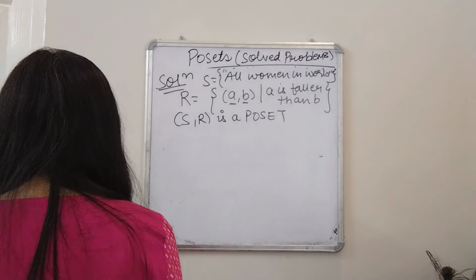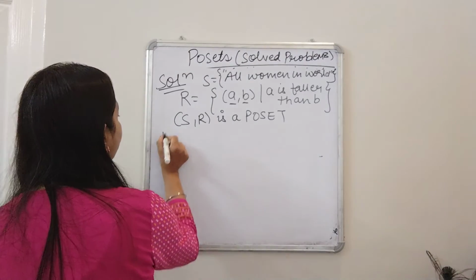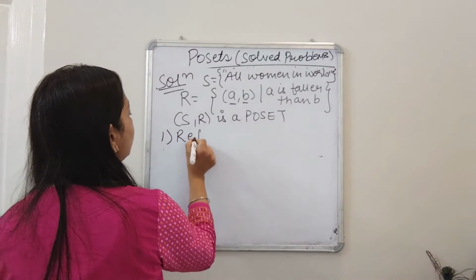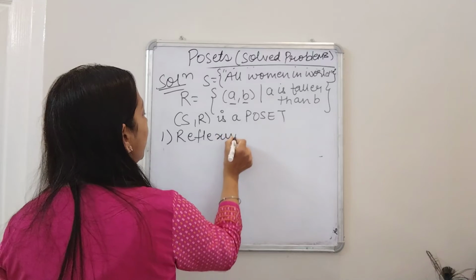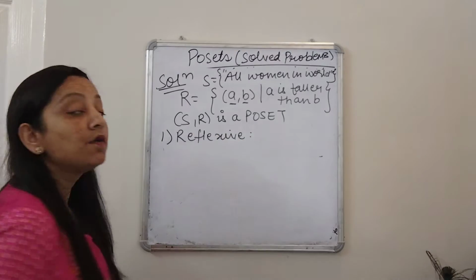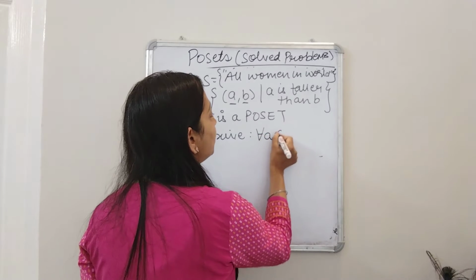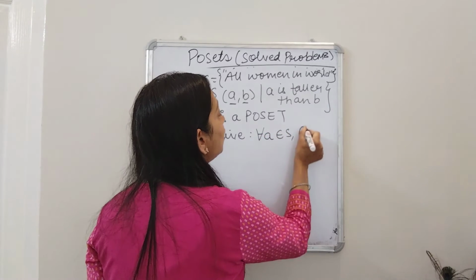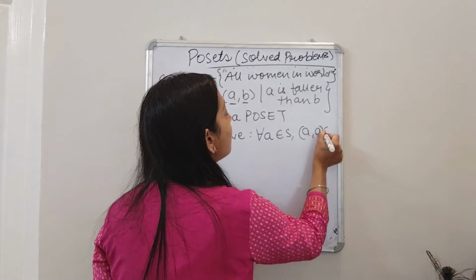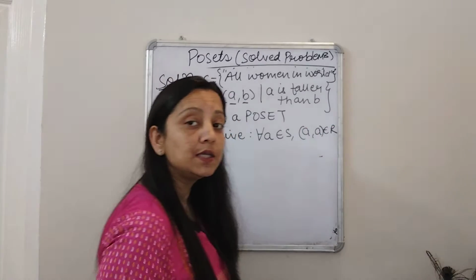So first of all we will start with the reflexivity. I will find out if it is reflexive or not. In order to be reflexive, we know that for all A that belong to set S, the ordered pair AA must belong to the relation set.